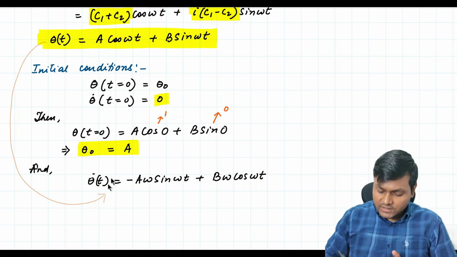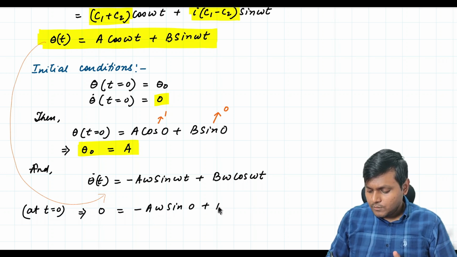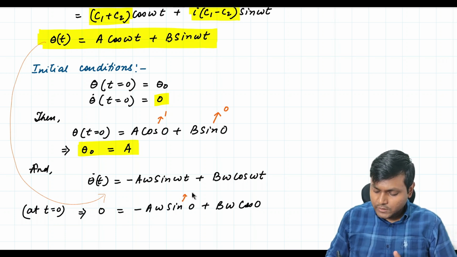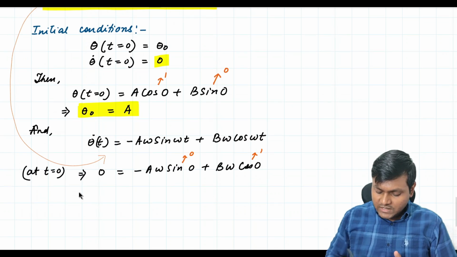That means we don't give it an initial velocity. So the initial velocity at time t is equal to 0 is 0. So this is equal to minus A omega sine 0 plus B omega cos 0. Again, sine 0 is 0 while cos 0 is equal to 1. That simply gives us that B is equal to 0.